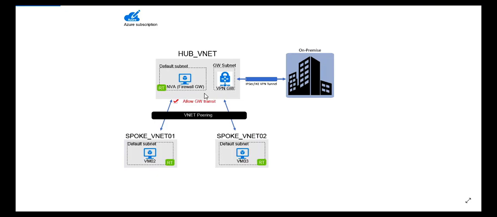There's a firewall gateway that directs the traffic from here or from here to there or whatever, then back to the on-premises. So the network virtual appliance or the firewall gateway, that is software-defined firewall gateway, is here to manage your traffic.